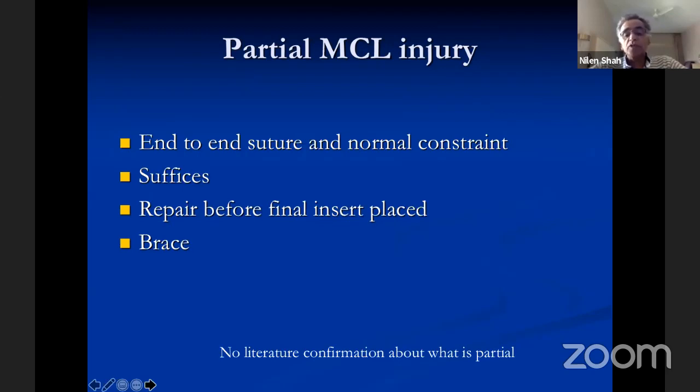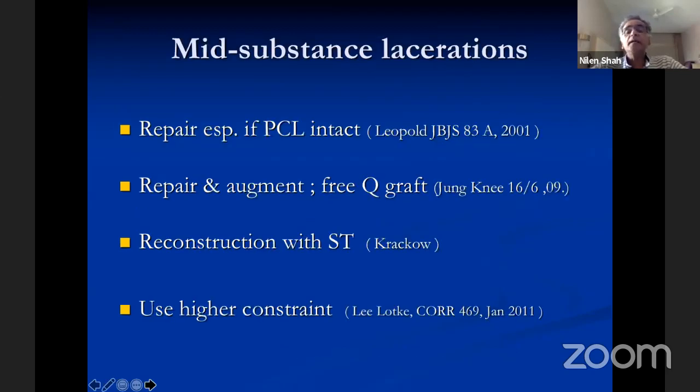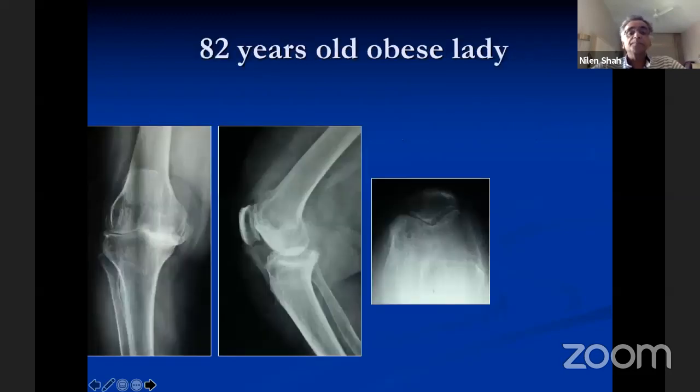But there is no literature confirmation about what is partial, whether it is 10%, 40%, 60%, that is not really defined. Mid-substance laceration, repair if PCL is intact, repair and augment, reconstruct with semitendinosus, or use a higher constraint.